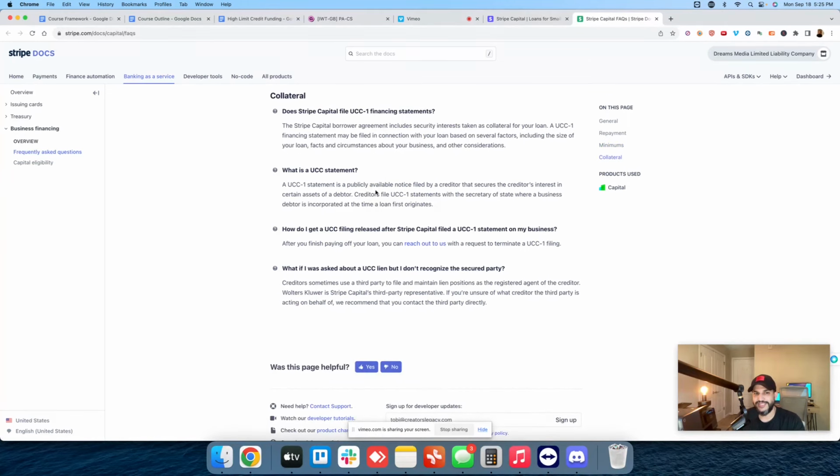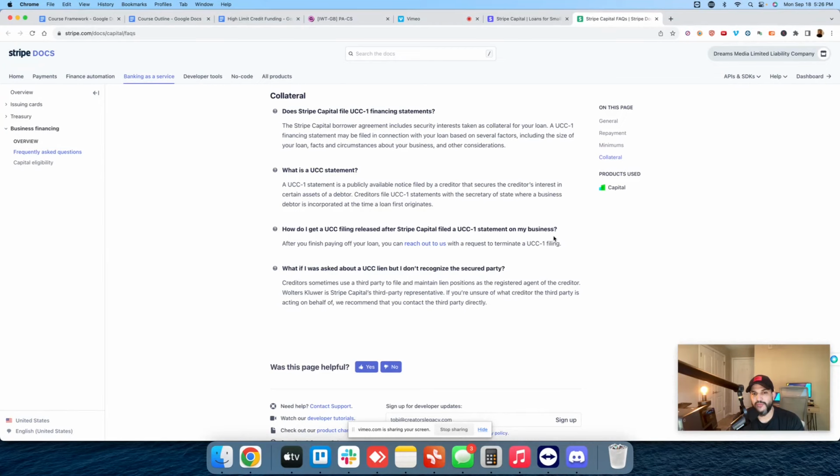And then it says, what is a UCC statement? A UCC1 statement is a publicly available notice filed by a creditor that secures the creditor's interest in certain assets of a debtor. Creditors file a UCC1 statement with the Secretary of State where a business debtor is incorporated at the time a loan first originates. So how do I get a UCC filing release at Stripe Capital?